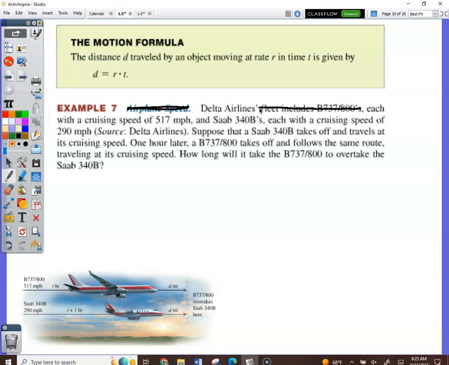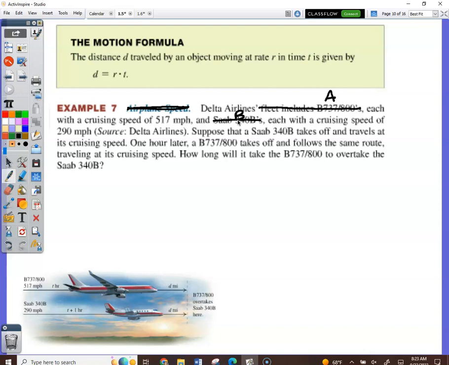So instead of the Delta Airlines fleet of B737s and the Saab 340Bs, I have no clue what I'm talking about. I'm just going to call this A, and I'm going to call this, what do you think, B. So now I know Delta's got plane A, and they've got plane B, right? Now I can understand it a little bit better.